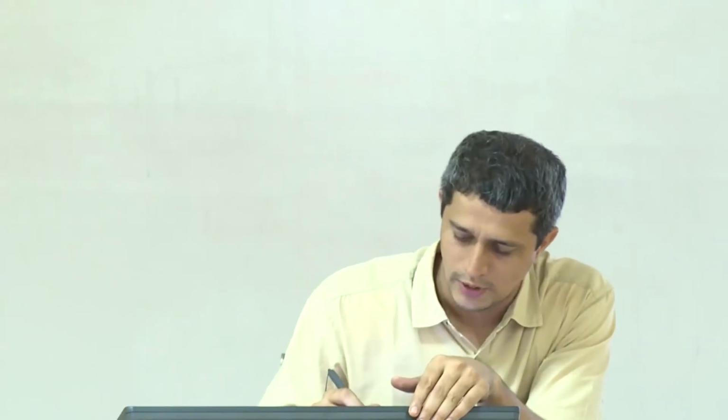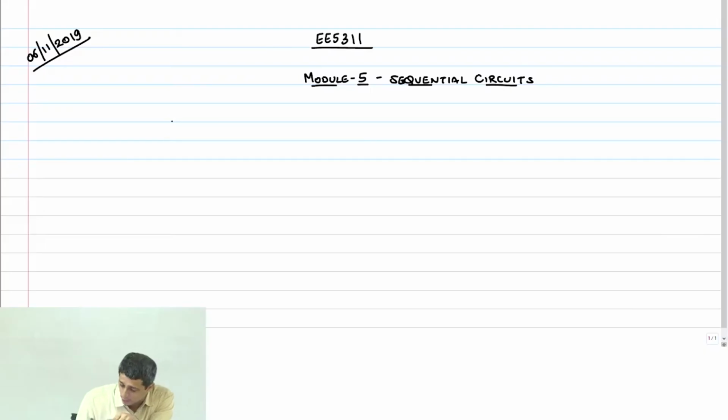Last class we looked at some circuit implementations of latches and flops, right? And we could broadly classify them into two kinds. So we had one like this.